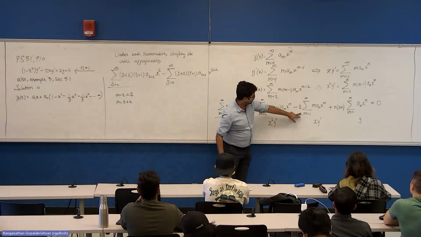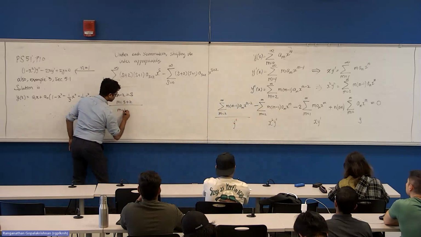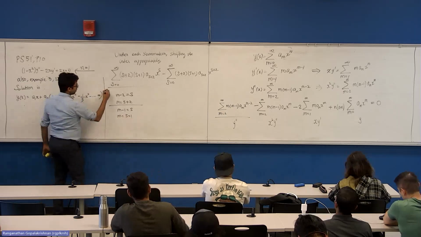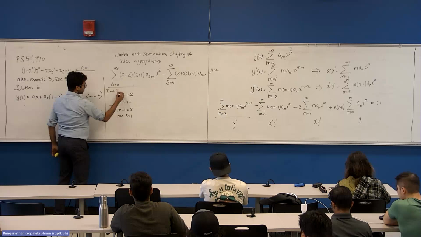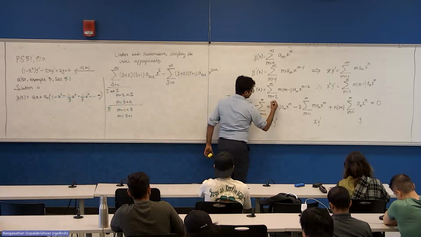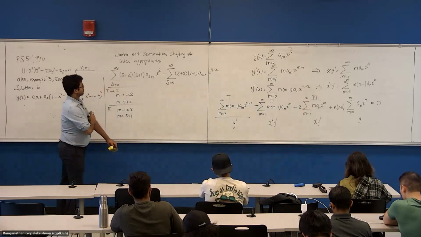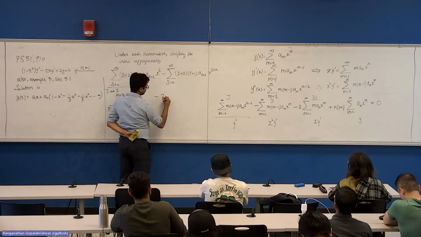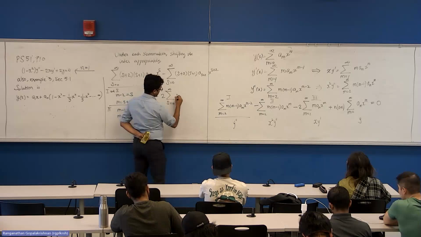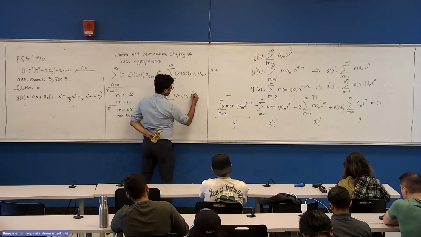But that holds true only for the first and second summation terms. For the third summation term, similar idea, except I'm going to do m minus 1 equal to s, or m equals s plus 1. So this is for 1 and 2. This is for 3. We call this 1, call this 2, call this 3. So then I have minus 2 times the sum as s runs from 0 to infinity of (s plus 1) a sub s plus 1, x power s plus 1.